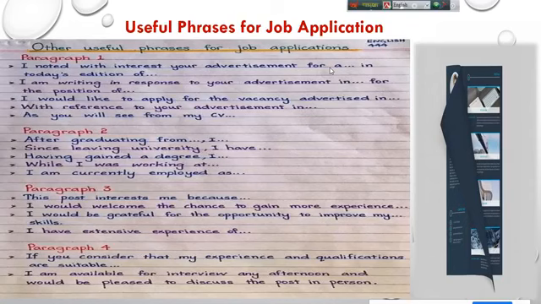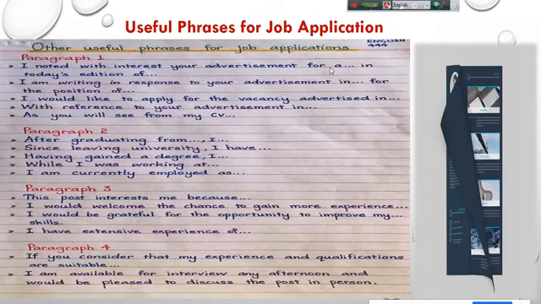We can rephrase them. In paragraph 3, we usually go for persuading the employer why the applicant is interested in getting the job. So: this post interests me because so and so. I would welcome the chance to gain more experience. You have to write on your own.